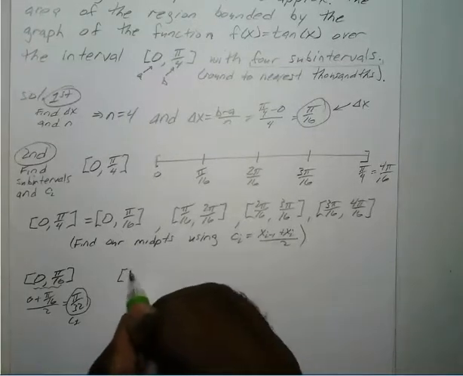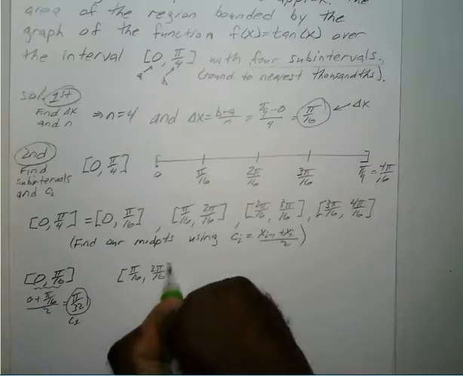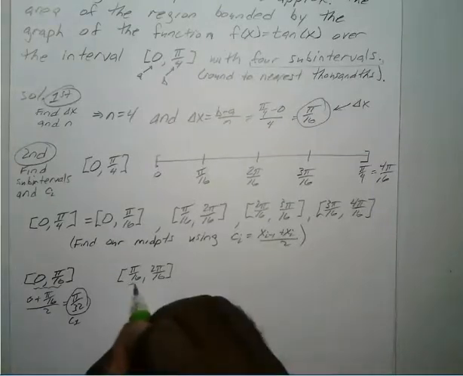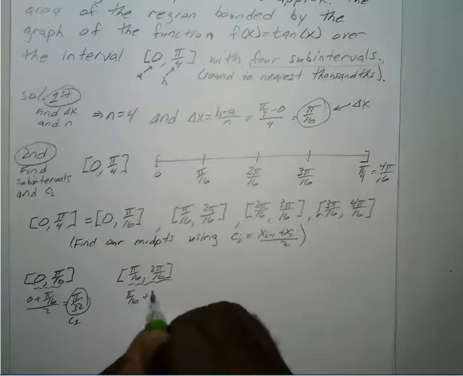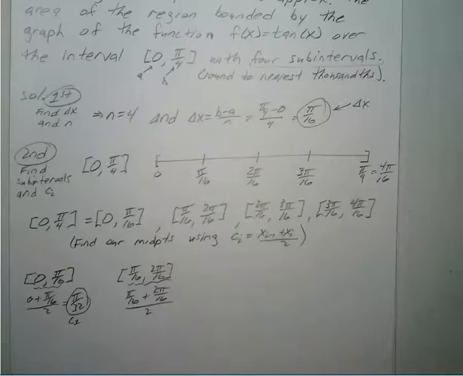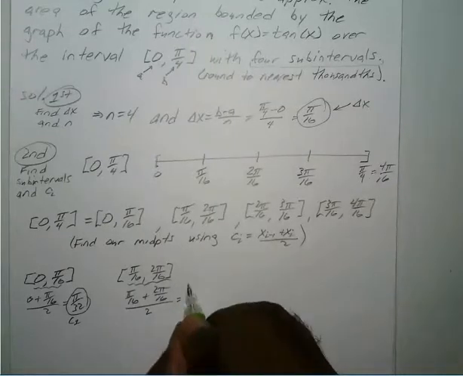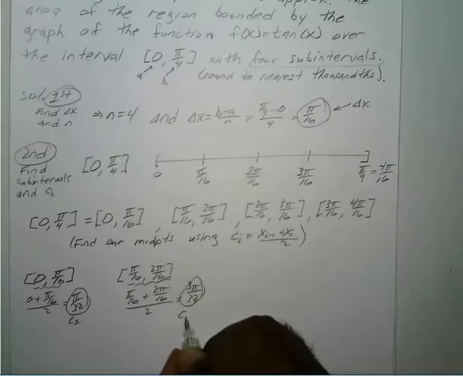Okay, so if we go from pi over 16 to 2 pi over 16, add those together and divide by 2. So pi over 16 plus 2 pi over 16 divided by 2. That's 3 pi over 16 divided by 2, which is 3 pi over 32. And that's our C sub 2.